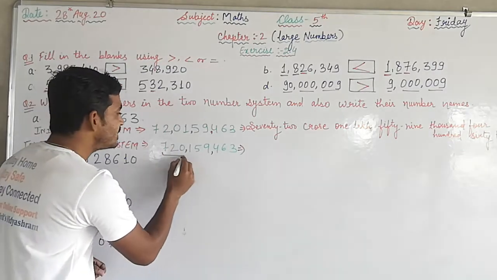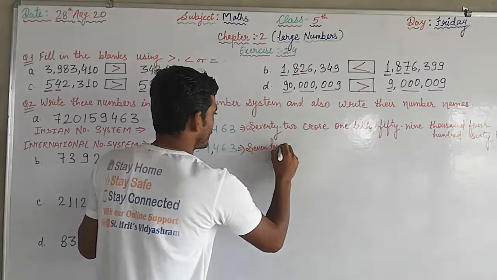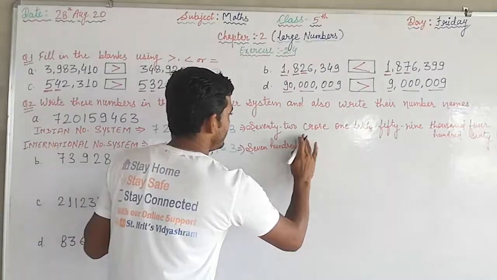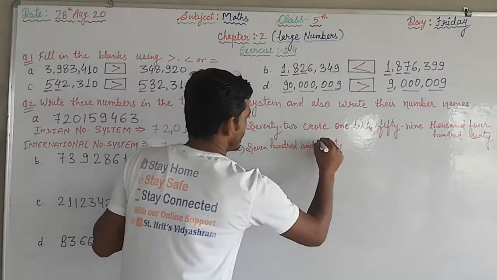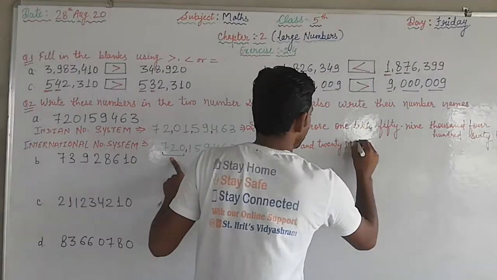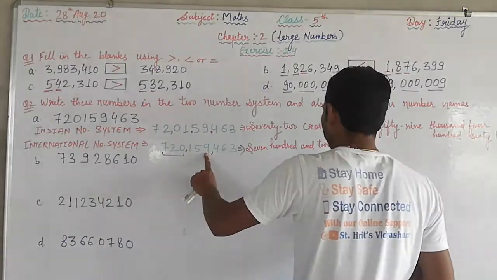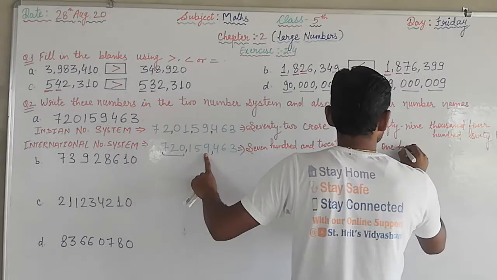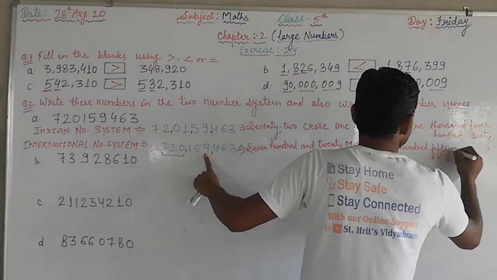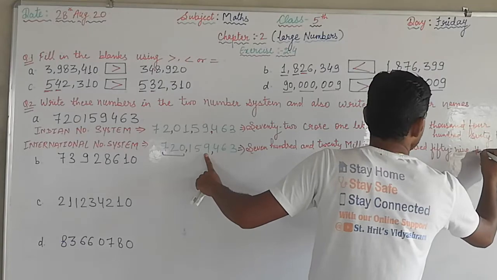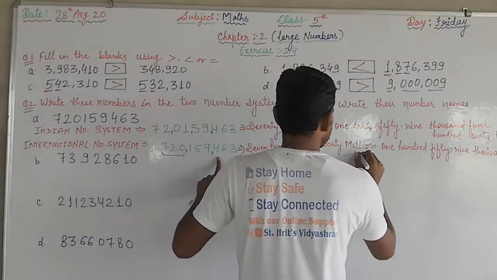That means 720 million, 159,000, 159,463.